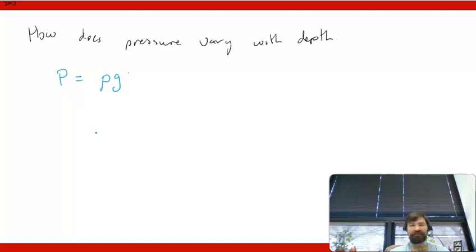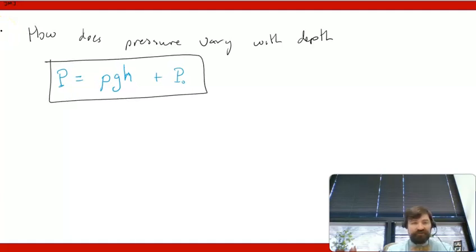We could call that D for depth, or we could call that H for height. Let's use H for height. And this is within the fluid. You actually can add an additional P naught. So what this basically is giving you is the difference between gauge pressure, which is this, and absolute pressure, which is this one right here.